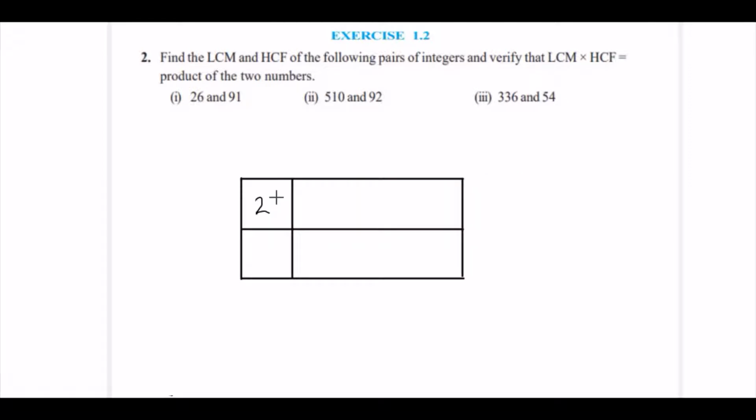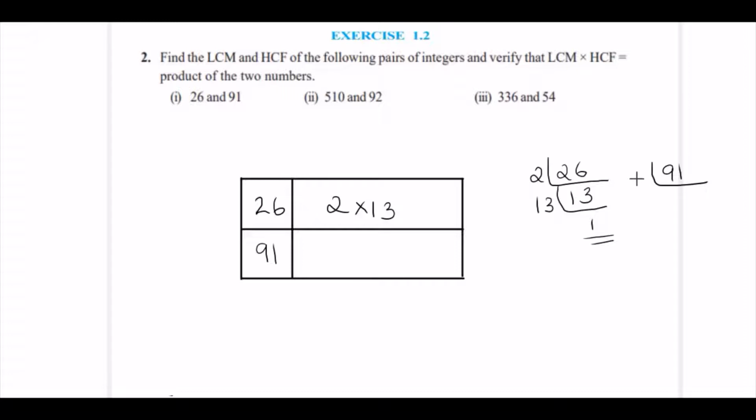The numbers are 26 and 91. First prime factorize 26: 2 into 13.